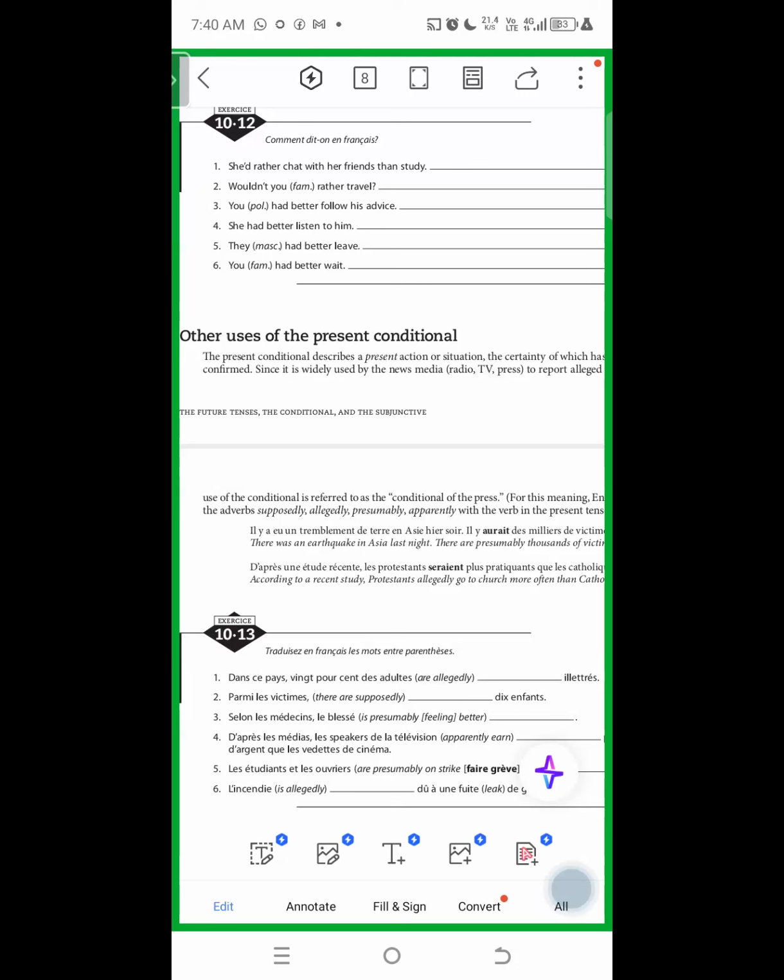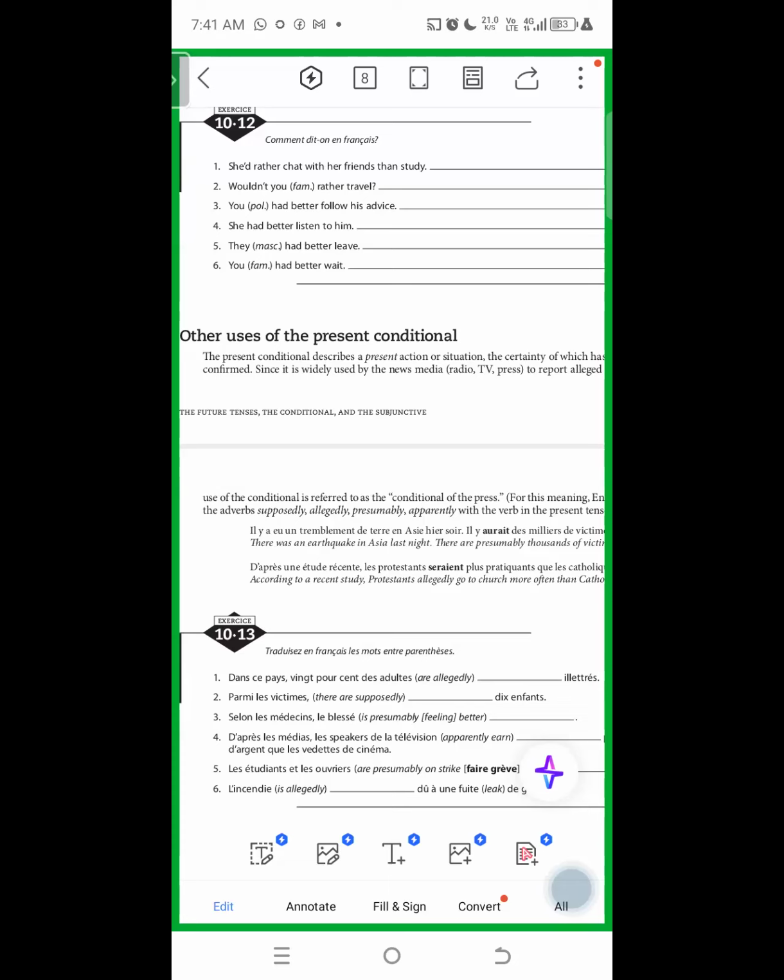Now, she had better listen to him. Elle ferait mieux, oui, d'écouter. De lui, him is an indirect object. De l'écouter. All the rules, we keep applying them as we go on. She had better leave.